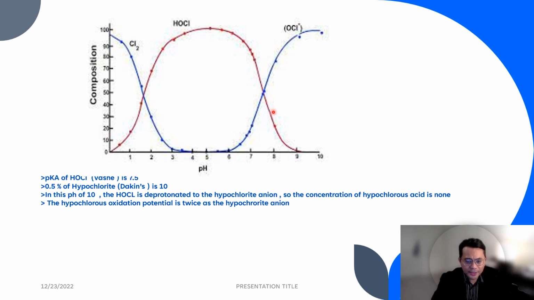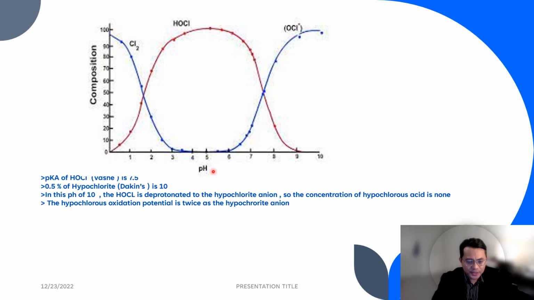As you increase the pH, like what's happening in a hypochlorite solution, at a pH of 10, if you look at this graph, the concentration of hypochlorous acid is zero, nada, none, because hypochlorous acid is already deprotonated to the hypochlorite anion side.